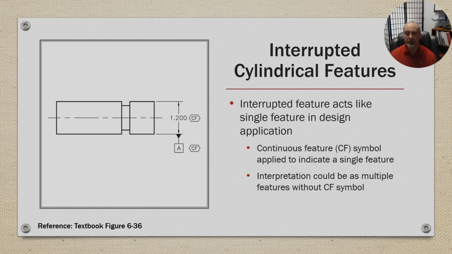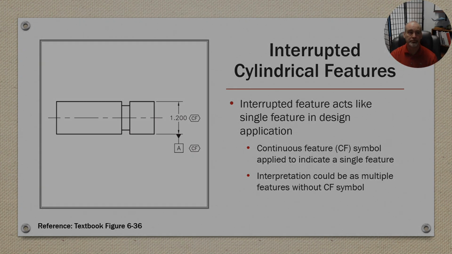So in this case, on the left, we have a dimension that applies to a diameter, and it used to be implied that it would carry on to the next diameter. But technically you should have the CF symbol if you intend that tolerance to apply to both zones, next to either the datum or the dimension itself.